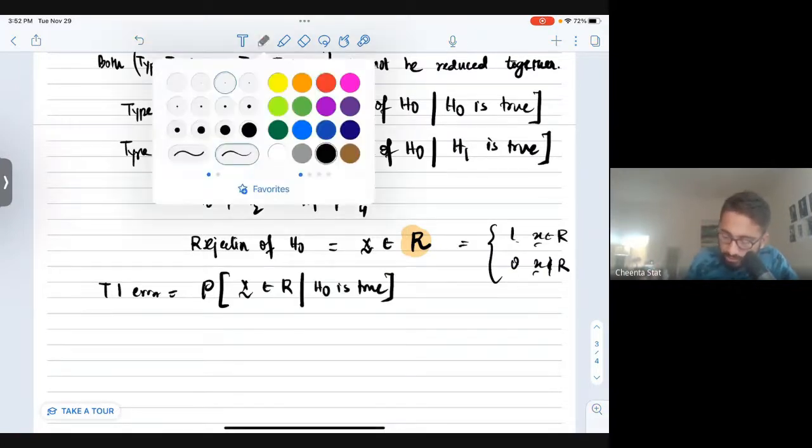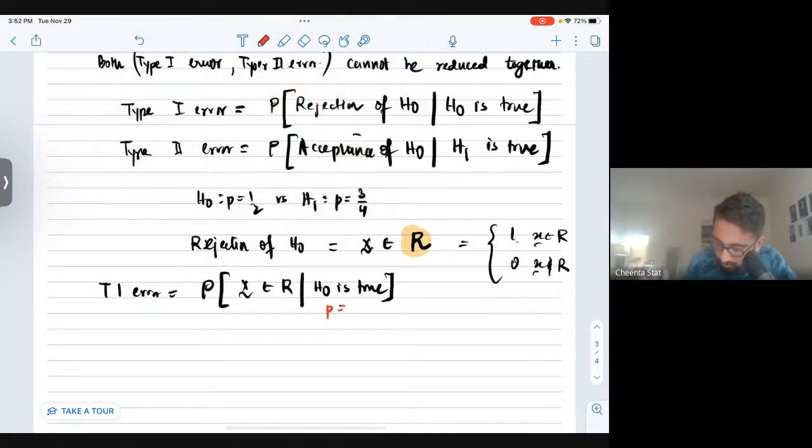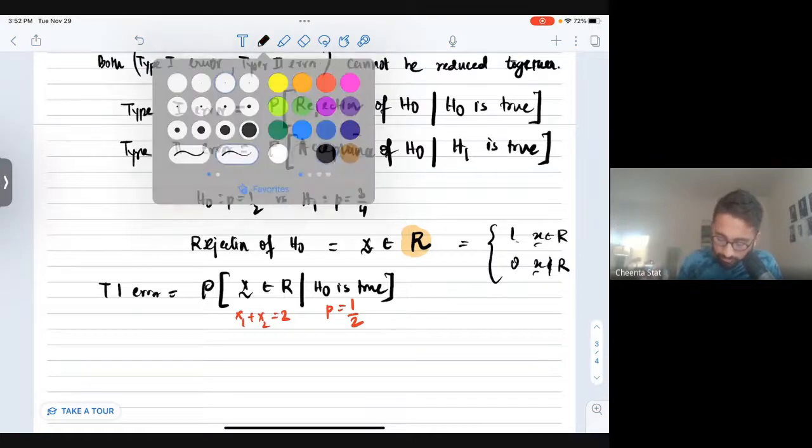Here in this case, H0 is true means p is equal to half, and X belongs to R means X1 plus X2 is equal to 2. That was the rejection region, right? We discussed it in the previous video.